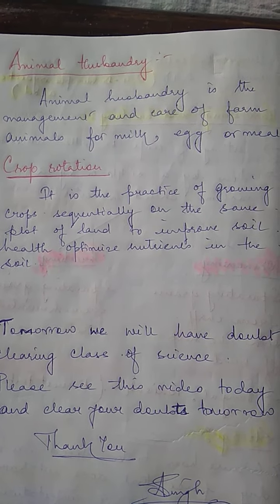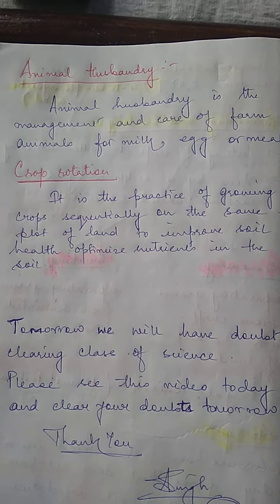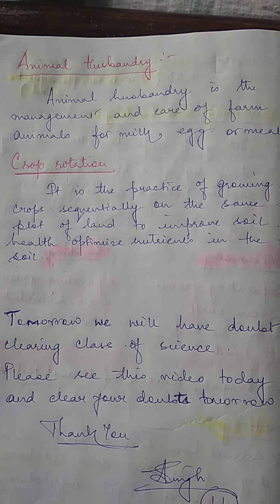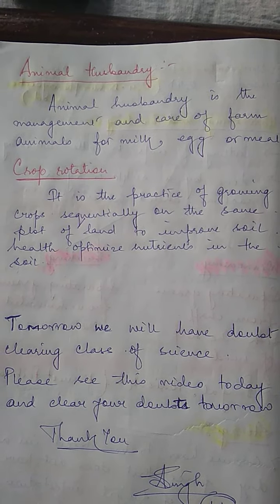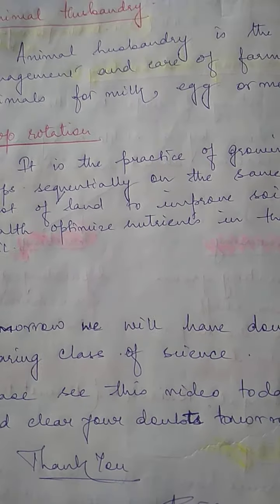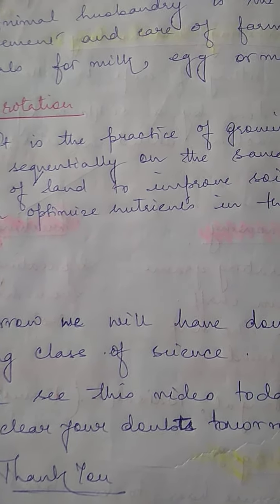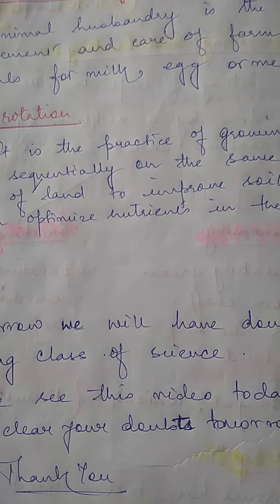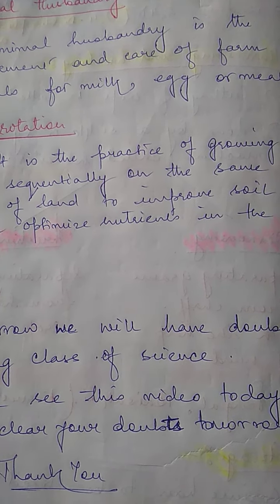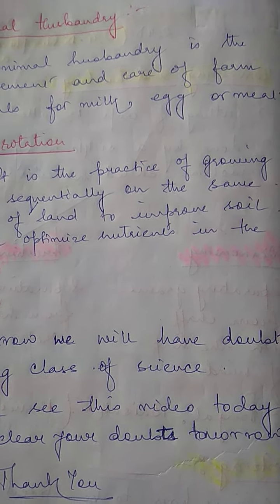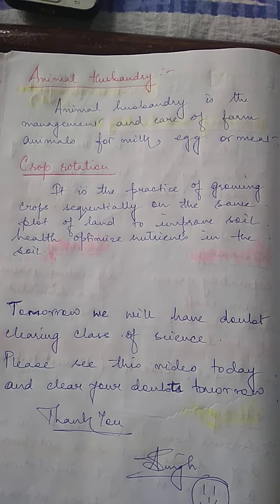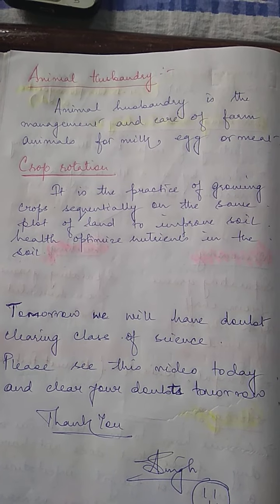Next is crop rotation, which is very important to improve the quality of soil. It is a practice of growing crops sequentially on the same plot of land to improve soil health and optimize nutrients in the soil. Crop rotation is done so that nutrients come back to the soil. What happens is, in a particular part of the year one crop is grown, and the next time a crop of a different nutrient need is grown.